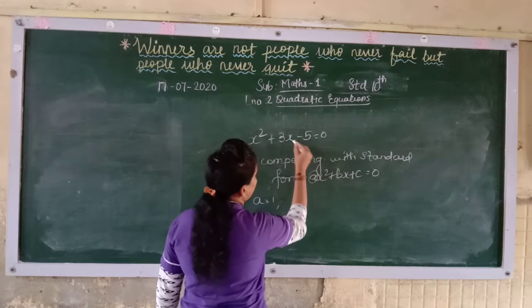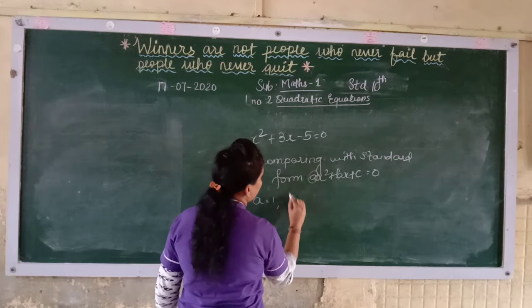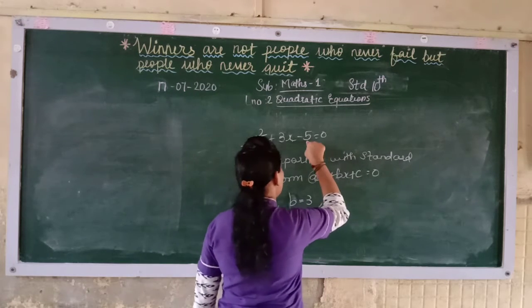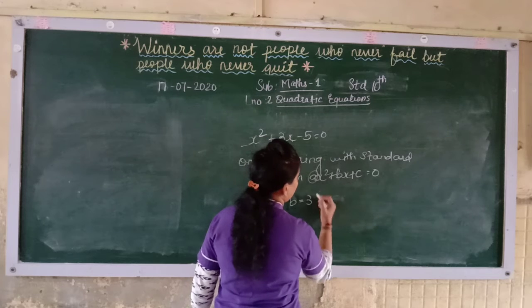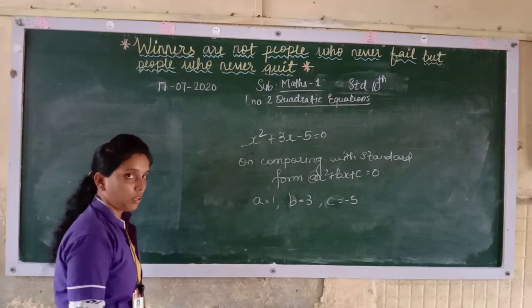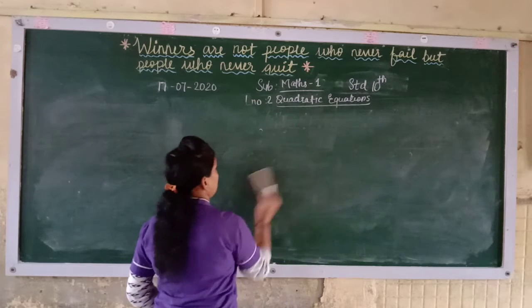Here bx, so b will be plus 3. So always remember b is equal to 3. Here c, the constant, is minus 5, so c is equal to minus 5. So remember, this way we can find the values of a, b and c.